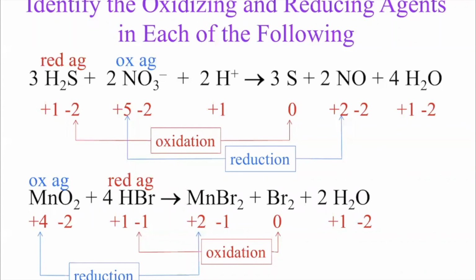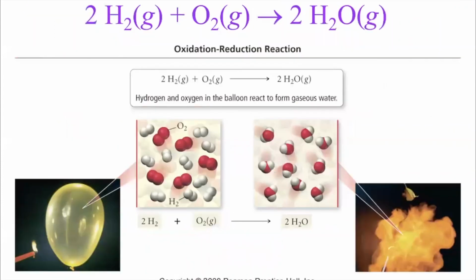The last type of reaction I need you to become familiar with is combustion reactions, which I had mentioned earlier. Combustion reactions are pretty much a hydrocarbon, so hydrogen and carbons, reacting with oxygen and generating water. So those are the most simple reactions. You want to make sure you become familiar with that.